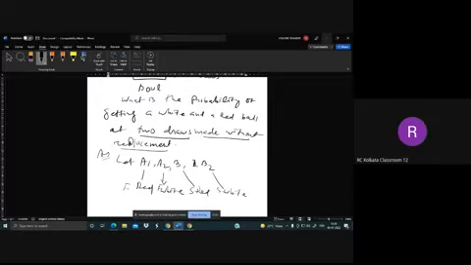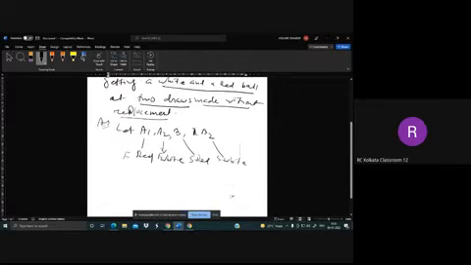Okay, now what we are actually interested in calculating is the probability of getting a white and a red ball. So what does it mean?